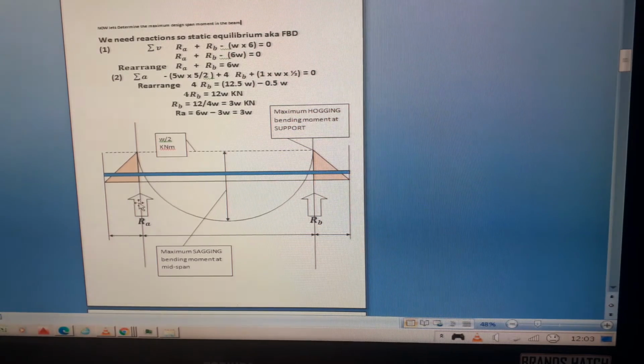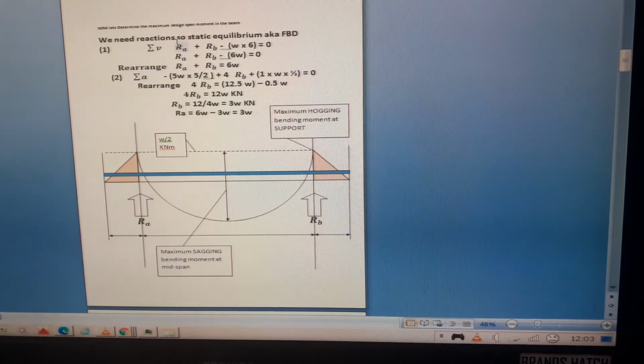This beam is statically determinate because there are 2 reactions, but there are 3 equations.